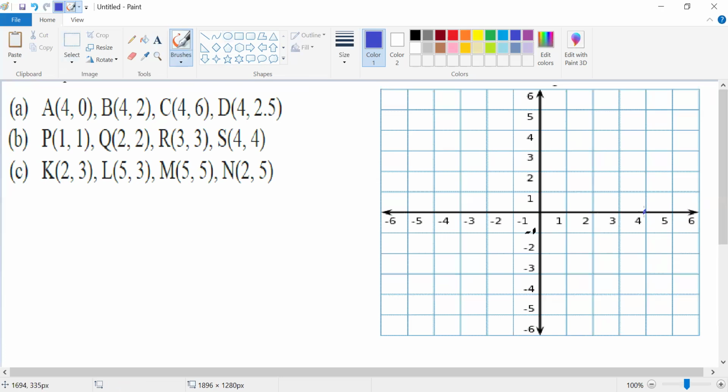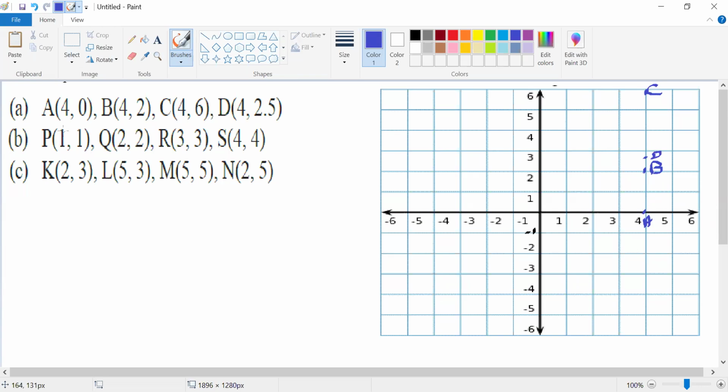So this is point A. Now B 4 2. So x 4, y 2. So this is B 4 2. Now C 4 6. See, this is C 4 6. D 4, 2.5. 4, 2.5 will be between 2 and 3. So it will come here.